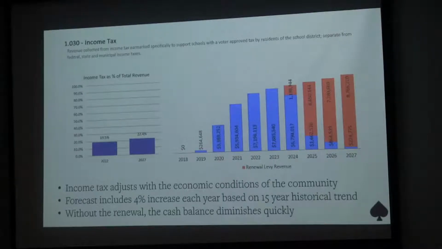If we were to pass a property tax at some point in the future, the percentage of our income tax would drop down maybe below 20%, depending on a lot of things, and then it would creep back up. So you will continue to see that cycle? Yes, that is true. And when it comes to the point that we would need a new property tax, the income tax would continue to grow as a percentage of the total until we pass a new property tax, and then it would drop back down.